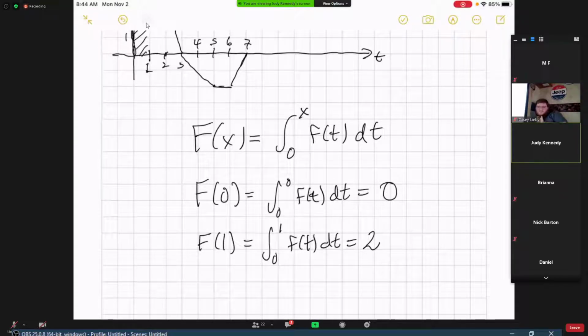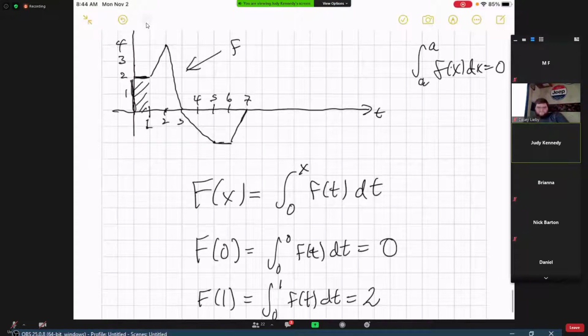And what's F of 2 equal to? Well, you have to do a little thinking here. Let's see. We already got F of 1, and we're going to just add that to this. This is a trapezoid, right? I could make it into a triangle and a rectangle.